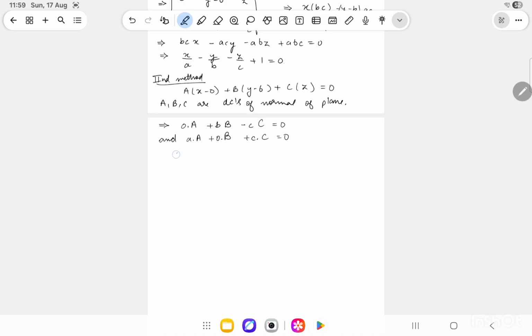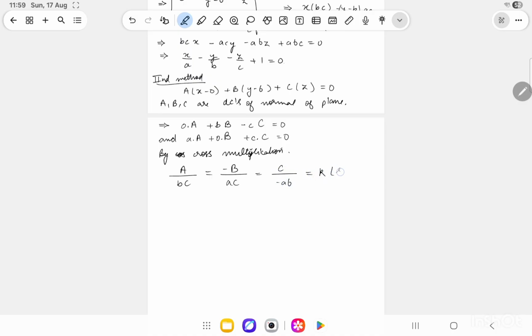So by cross multiplication I will get A upon bc equals minus B upon ac equals C upon minus ab.